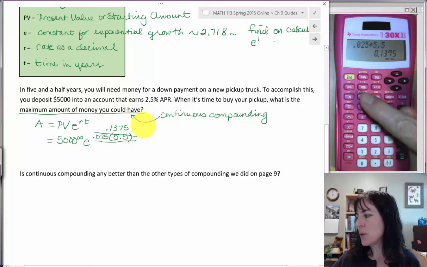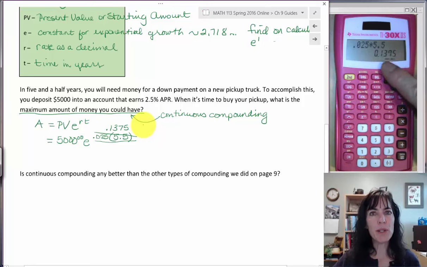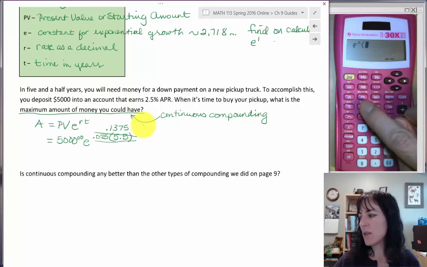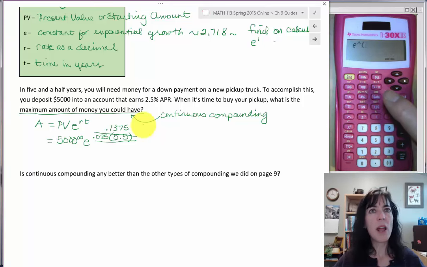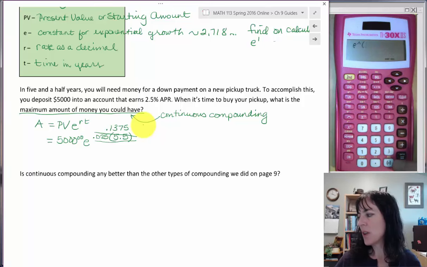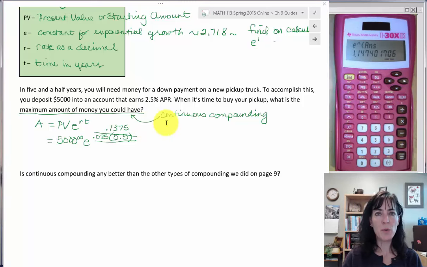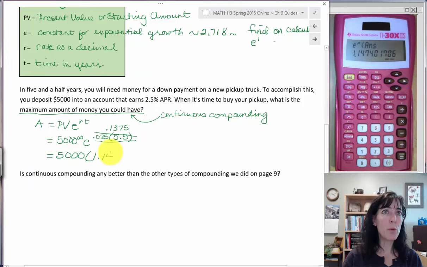So since I already have the 0.1375 sitting on my calculator, all I need to do is put in that e first. So I'll do second ln, and now I have e to the, and now I can do the answer. So second minus, and then enter. So e to the 0.1375 gives us 1.1474, and it goes on.